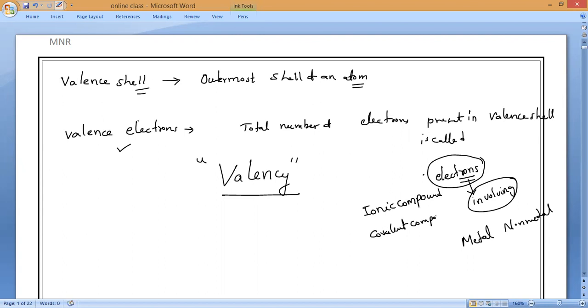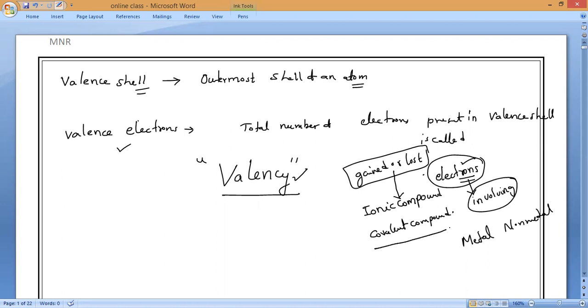So remember, what do you mean by valency? The number of electrons either gained or lost. This happens in the formation of ionic compounds, meaning either donating or receiving takes place.